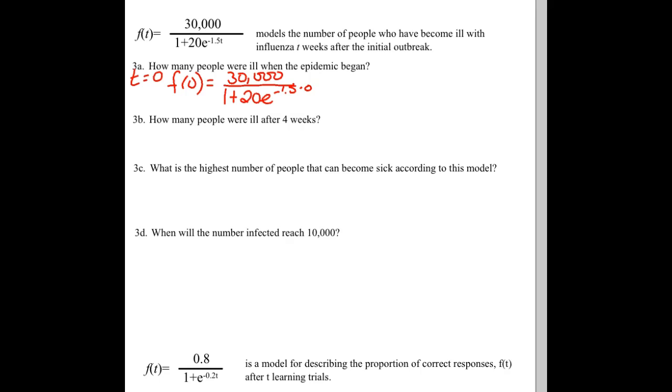What is e to the 0? It is 1. And a lot of students get confused and they say this whole 20 e to the power piece disappears. That's not correct. The e to the 0 part right here becomes a 1. And 20 times 1 is 20, plus the other one that's in the denominator makes it 21. So we're really looking at 30,000 divided by 21.